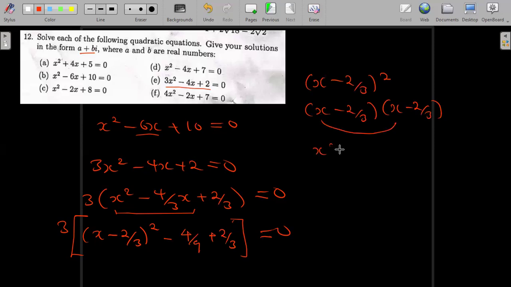I have x squared, then multiplying x with the other one gives minus 2/3 x, and the other one gives another minus 2/3 x, then plus 4/9. Adding the two x terms gives minus 4/3 x, so you have x squared minus 4/3 x plus 4/9.